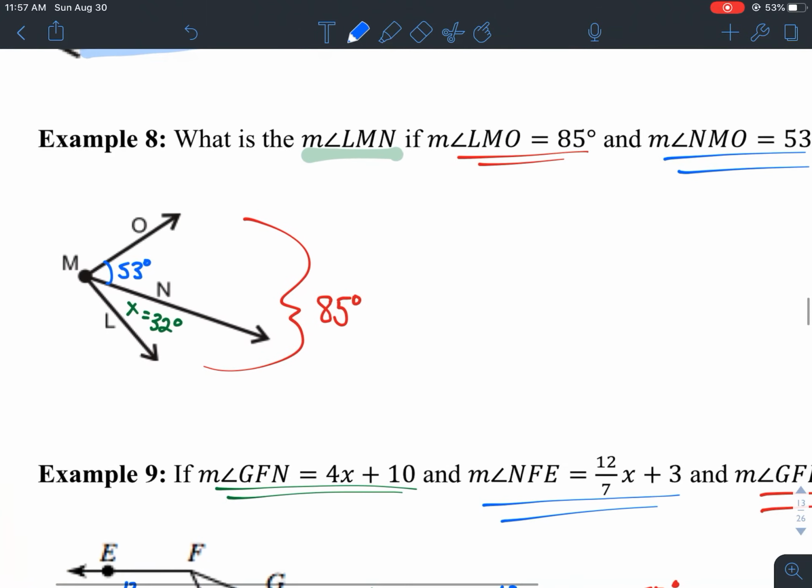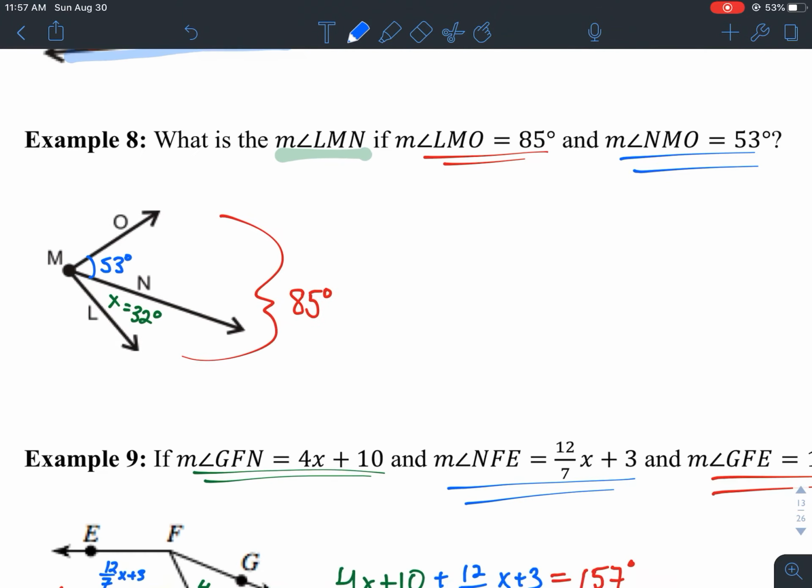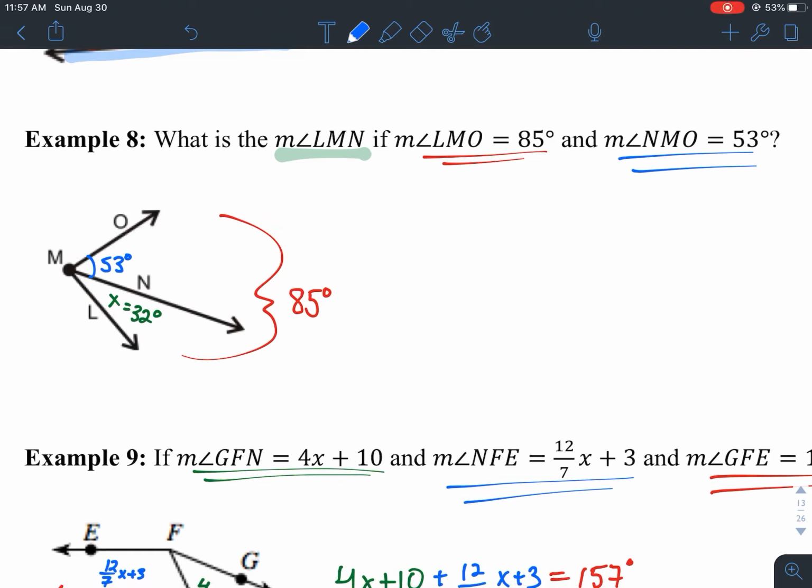Now, sometimes you might be given the big chunk and one of the small chunks. You're going to be asked to find the other small chunk. So example 8 says, what is the measurement of angle LMN if the measurement of angle LMO is 85 and the measurement of angle NMO is 53? So I labeled it beforehand.